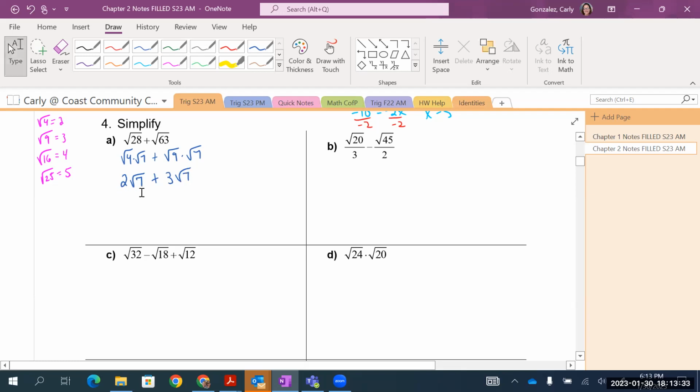Now both of these were reduced to be multiples of the square root of 7. So if we have 2 of these plus 3 of these, we now have 5 of these. And these are rad 7s. So our final answer is 5 times the square root of 7. So let's go ahead with B.